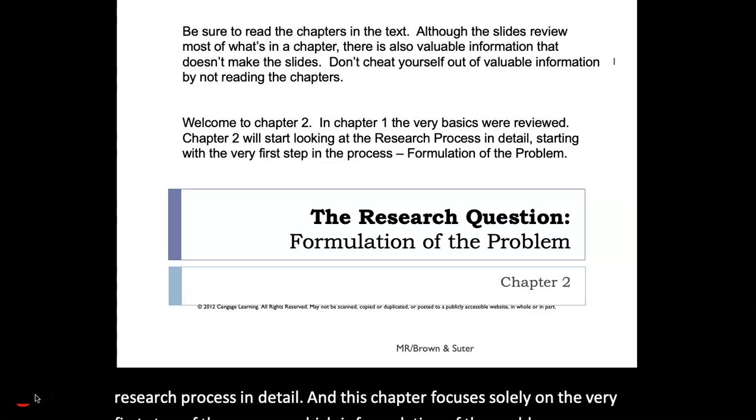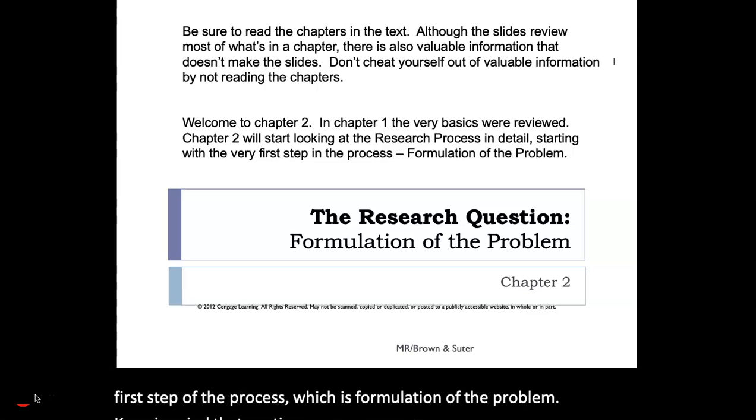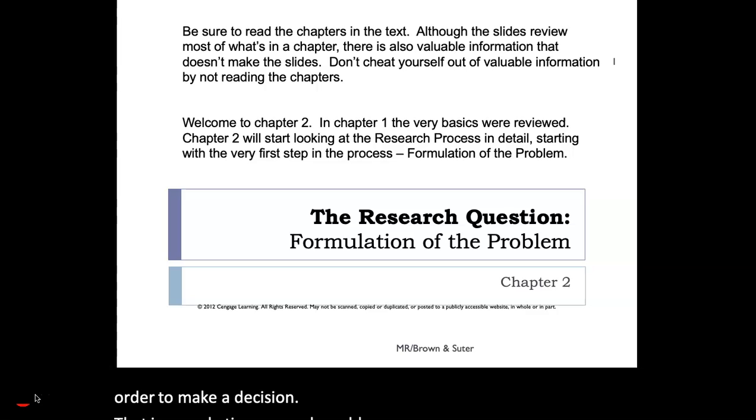Keep in mind that anytime there's a need for additional information in order to make a decision, that is a marketing research problem. It doesn't necessarily mean there's something negative going on, although lots of times there is.